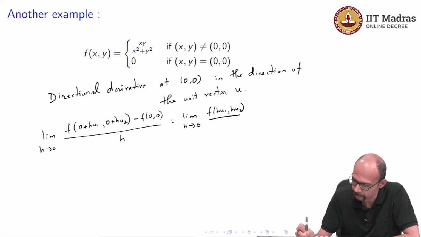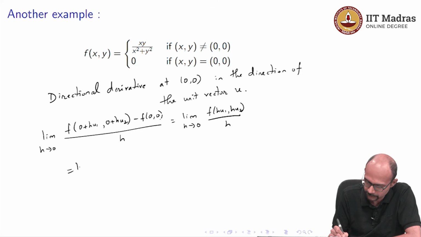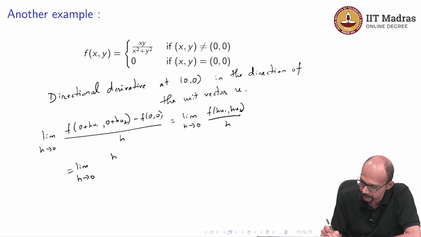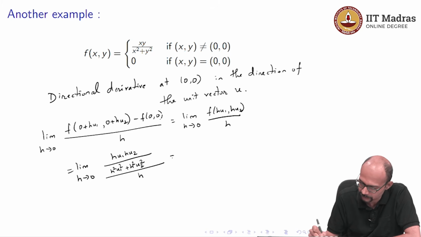So, I will drop this. So, this is limit h tends to 0 of h times u1 h times u2 divided by h squared u1 squared plus h squared u2 squared, the whole thing divided by h.